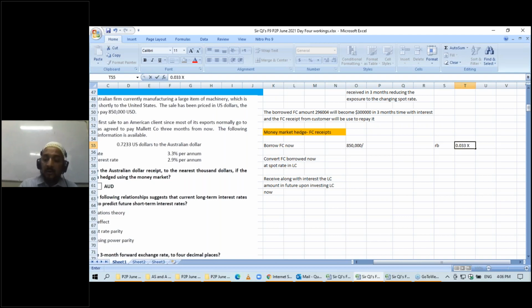This is an annual rate. We have to convert it into 3 months time. Converting it into 3 months time, this gives you 0.00825, and then we will calculate 1 plus RB.